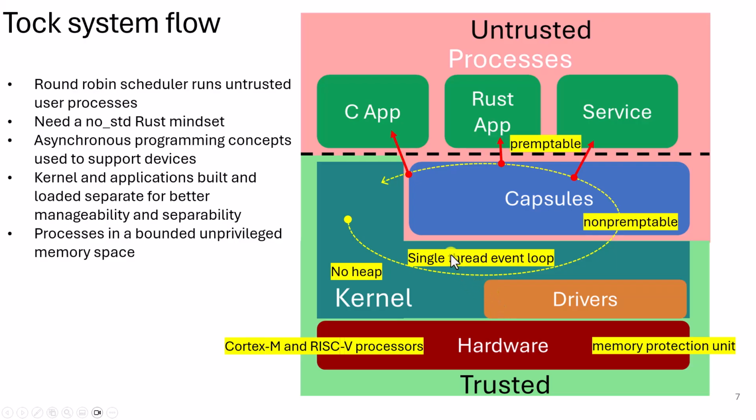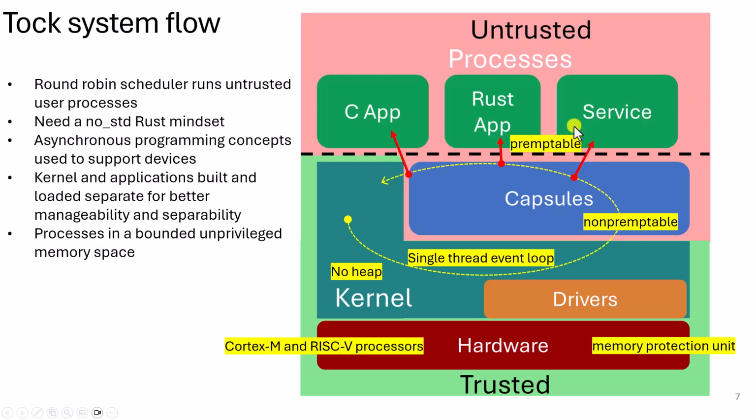And the operating system is single threaded. So there's a single thread event loop that runs the kernel code and the capsule code, and that can then preempt the applications and services at this untrusted user level.